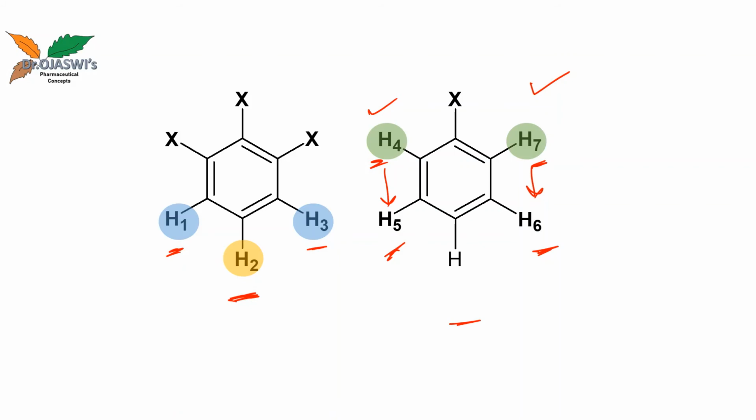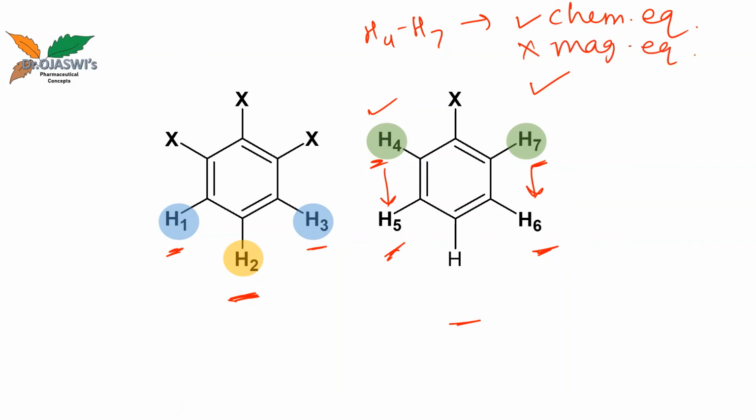So H4 and H7 are chemically equivalent, but they are not magnetically equivalent, simply because the partners with which they are coupling are different. These are the simple words with which I can explain this.